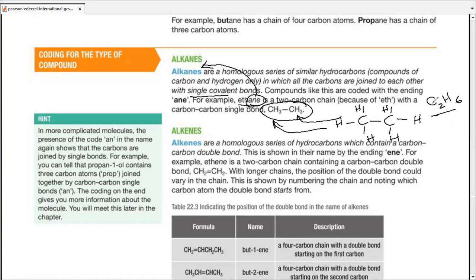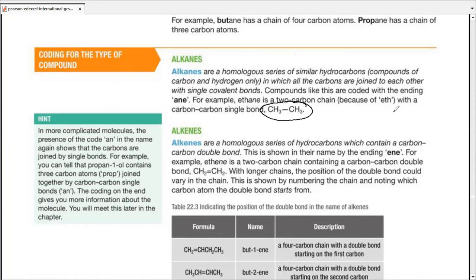Get the point? So let me try again by explaining the major steps I just followed. My first step, and I'm going to redo it. So my first step was to draw the carbon skeleton by finding out the number of carbon atoms, eth.